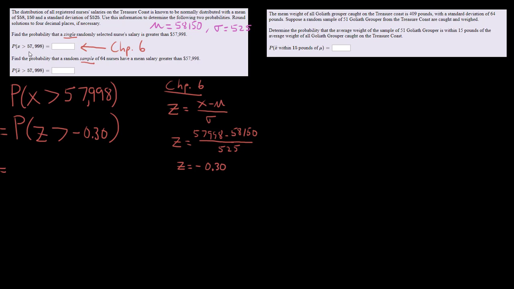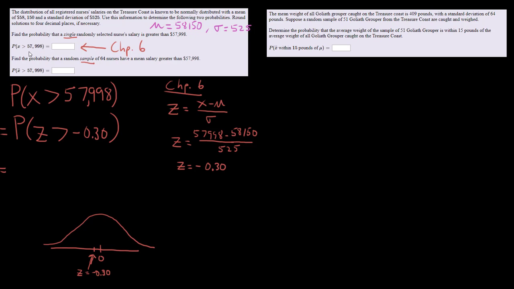Because if we draw a picture of a normal curve, we are trying to find the probability that z is greater than negative 0.3. So if 0 is right in the middle, negative 0.3 is just barely to the left.